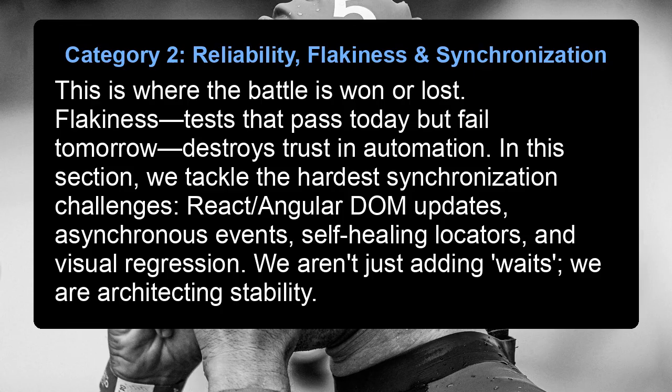This is where the battle is won or lost. Flakiness, tests that pass today but fail tomorrow, destroys trust in automation. In this section, we tackle the hardest synchronization challenges: React or Angular DOM updates, asynchronous events, self-healing locators, and visual regression. We aren't just adding waits, we are architecting stability.